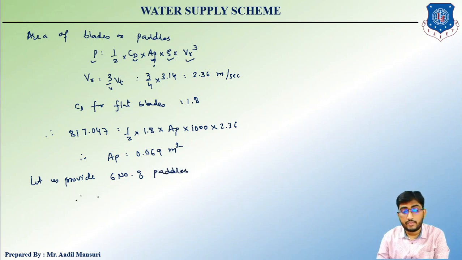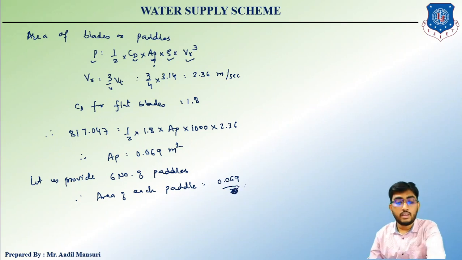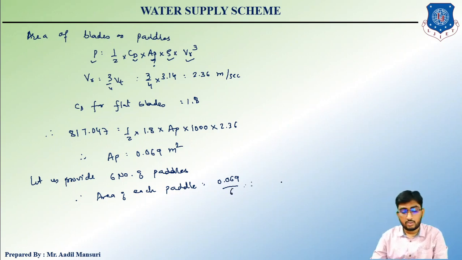Therefore area of each paddle will be equal to 0.069 divided by 6. Okay, so this will be approximately 0.012 meter square, right?